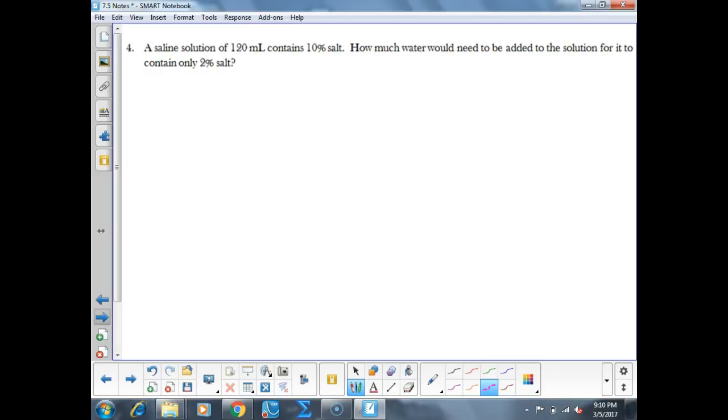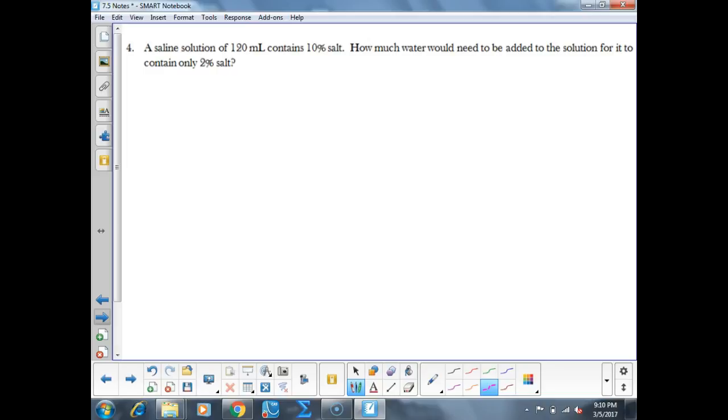A saline solution of 120 milliliters contains 10% salt. How much water would need to be added to the solution for it to only contain 2% salt? Okay.